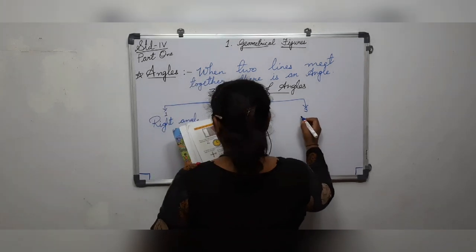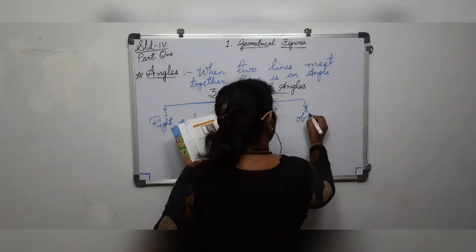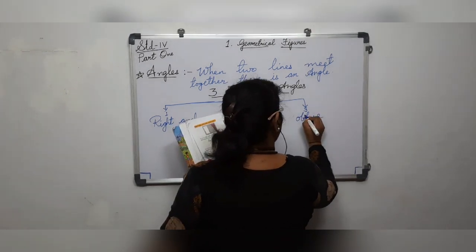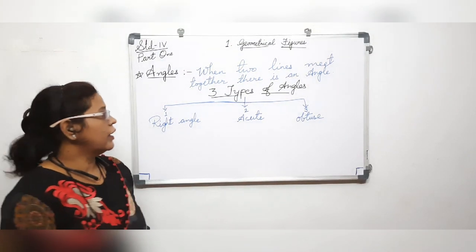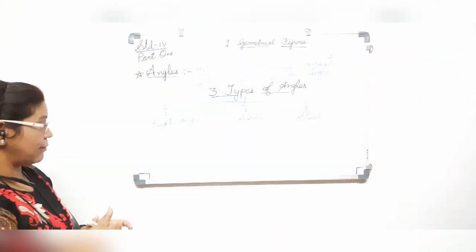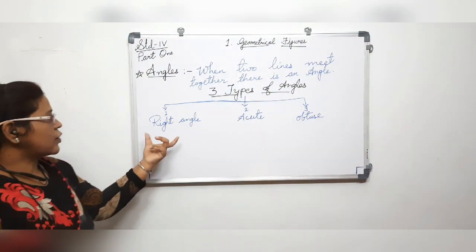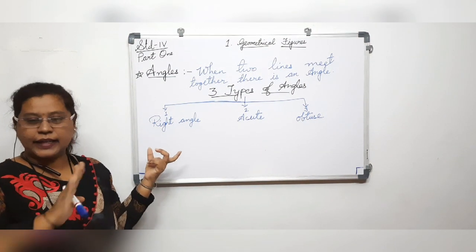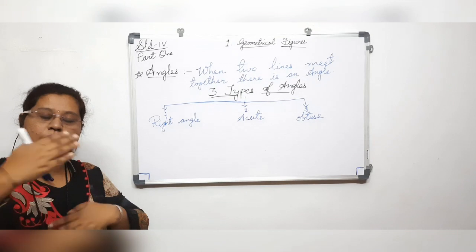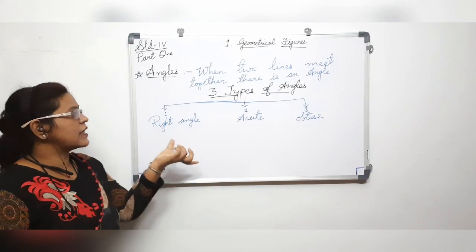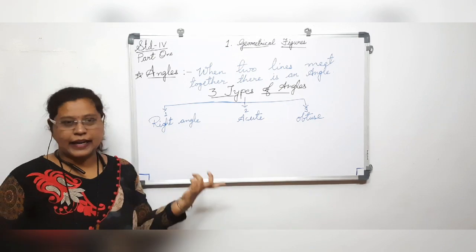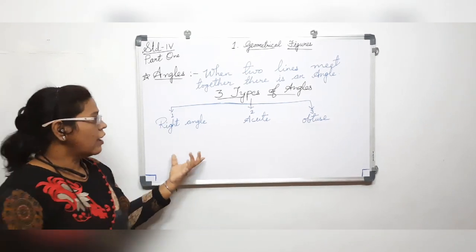Then the third one is an obtuse angle. These are the three angles which we are going to learn in this chapter. There are different types of angles. As you go into further classes, higher levels, you can learn other types of angles. But these three are the basic angles which you are going to learn in standard 4.